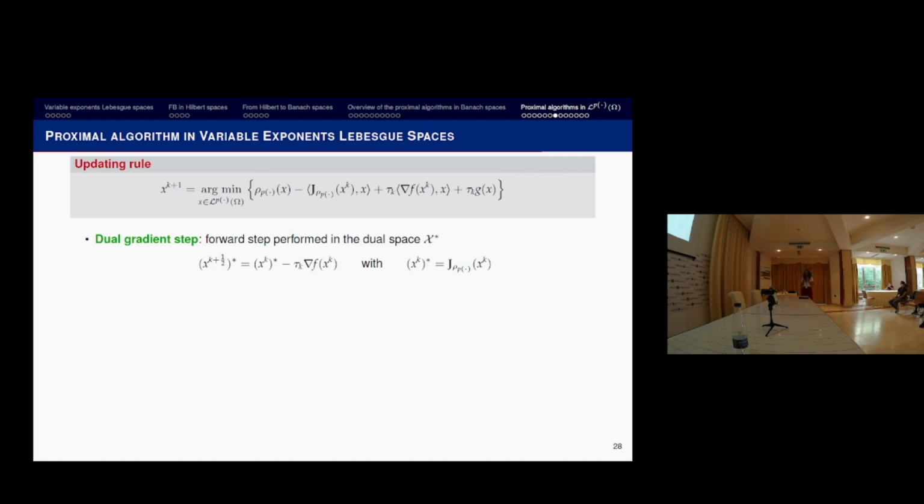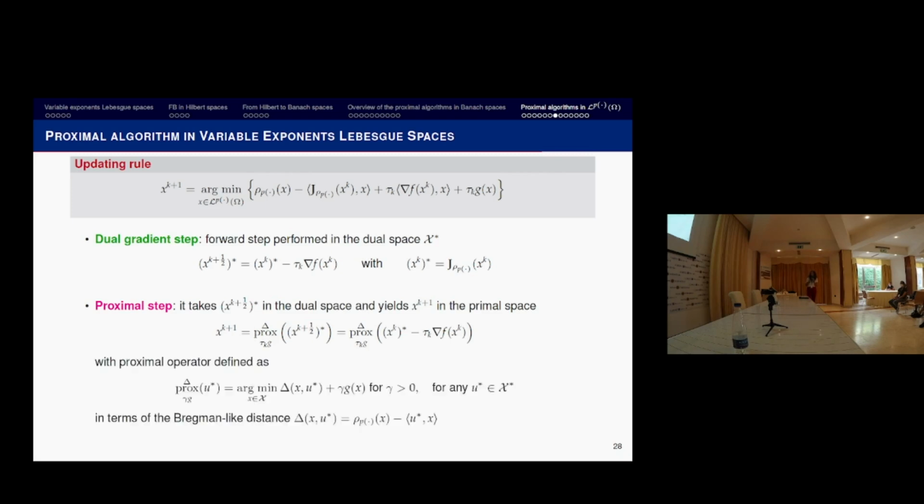And again, we compute a dual gradient step, and the proximal step depends on a distance function delta that is defined as the modular of x minus u star at x. So again, we replace also in this distance the role of the norm with the modular of x.